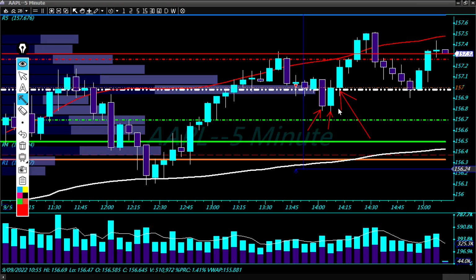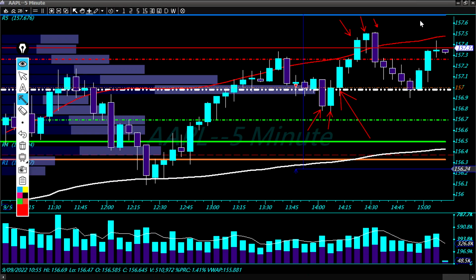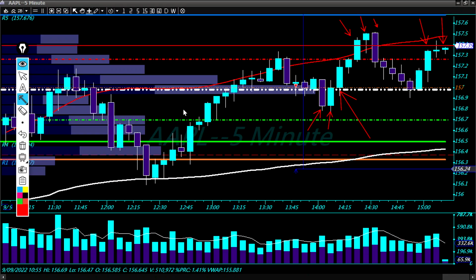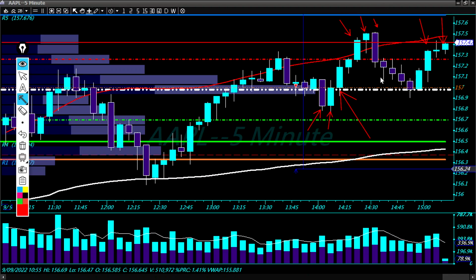But now that I let it come back up to this level, possibly creating a neckline and shoulder, this is where the trade is really going to come into play. You can't really anticipate it's going to make a head and shoulders; you see it after the fact.